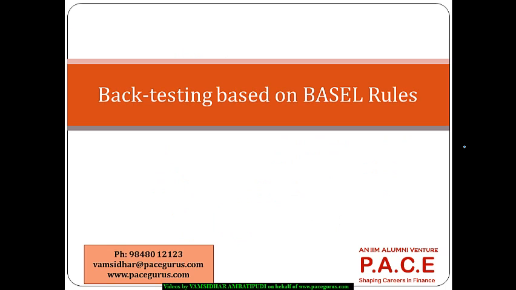Now let's try to understand what the various Basel rules governing the backtesting mechanism are. Generally, compared to financial institutions, the regulators have to operate in a completely different way.